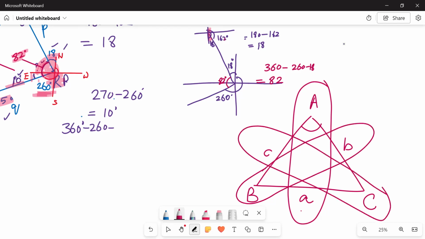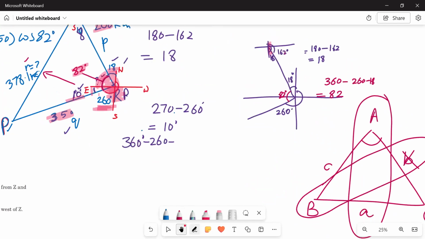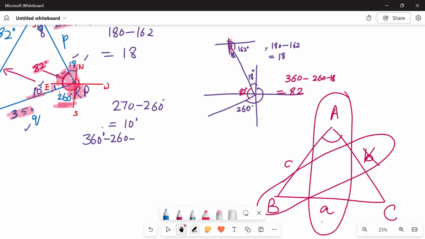Okay, if any one of them is missing, like this one is missing, we can apply the rule. But in this question this angle and side are missing, one side and another angle are missing.